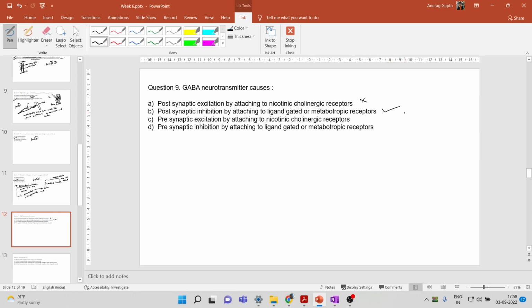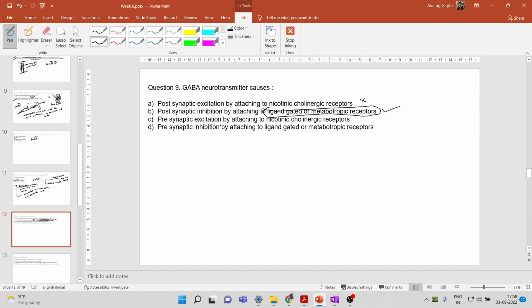When GABA attaches to these ligand-gated receptors, two things can happen: either there can be an outflux of potassium, or there can be an influx of chloride ions.